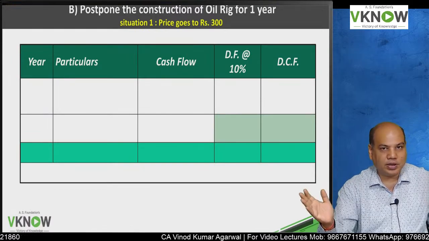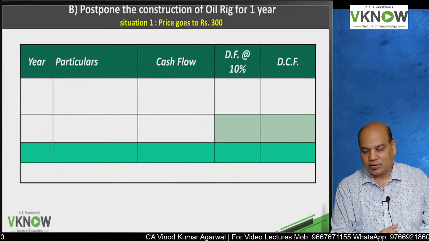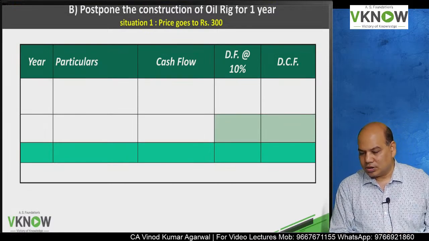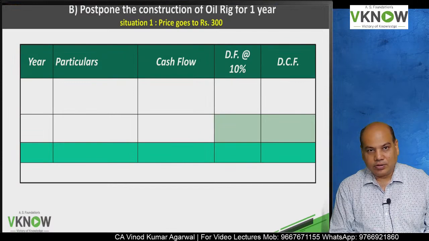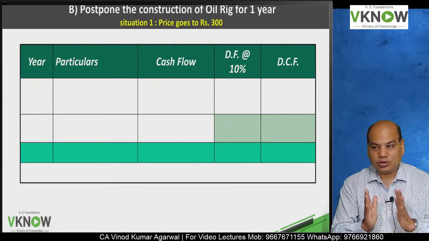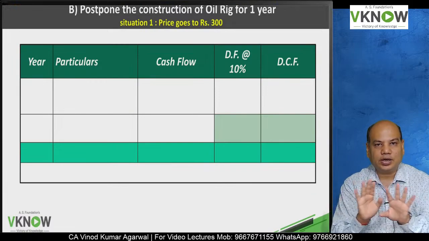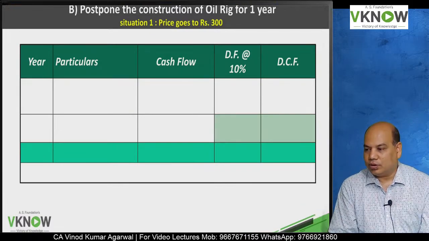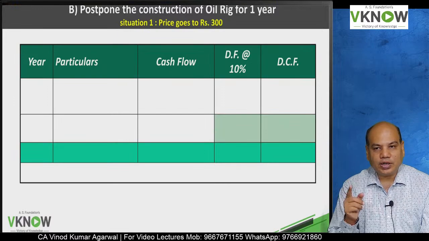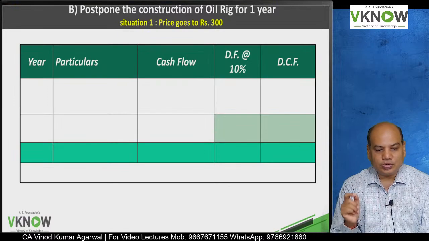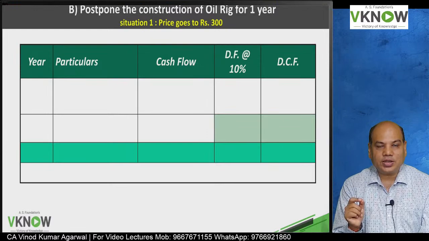If it is 100, what is my NPV? So let us write one by one. Some students take 300 into 0.5, 100 into 0.5. That is not right. You have to take one by one. Why are you waiting? You are waiting so that you will know what the price is after 1 year.